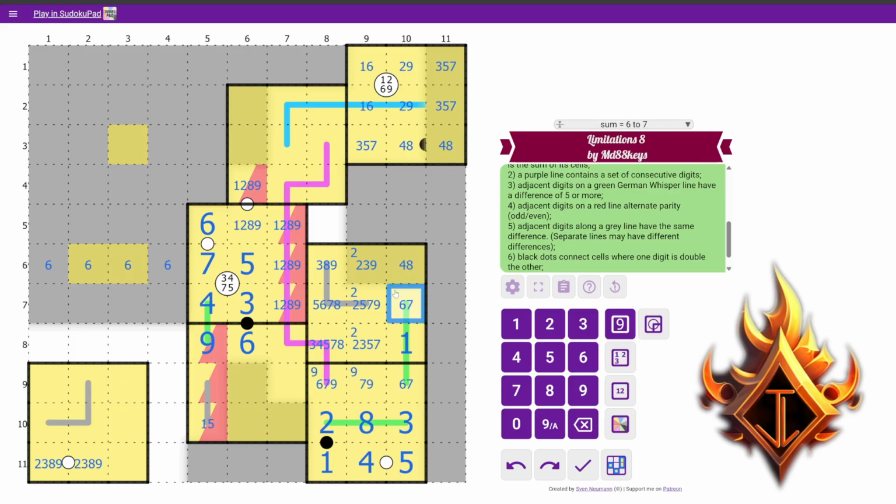Six, 7. Seven cannot go here. 7 can go in any of those. Can go in any of those. These are 2, 8, 3. But then one other number.